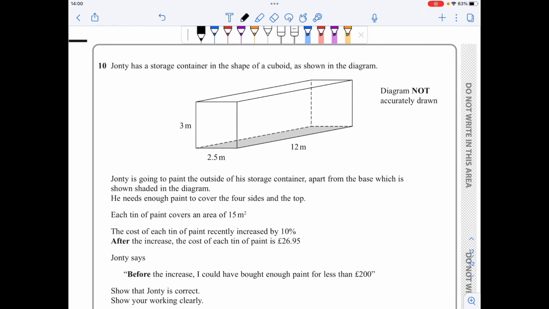For question 10, there are many ways to solve this question. I will start by finding the area to be painted. So I've got 2 of those red rectangles, 2 of the blue ones, and 1 purple one.